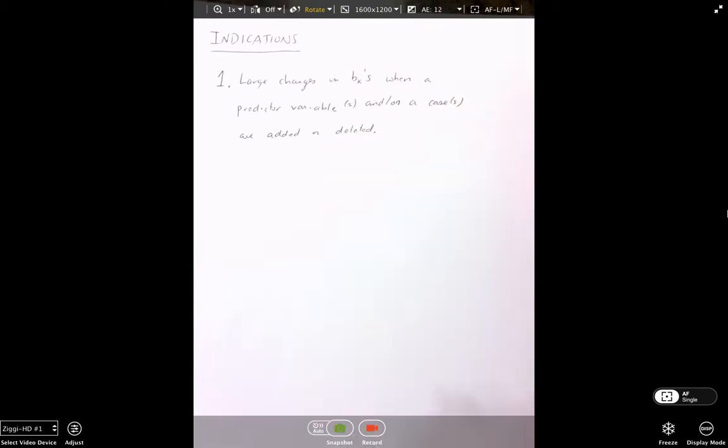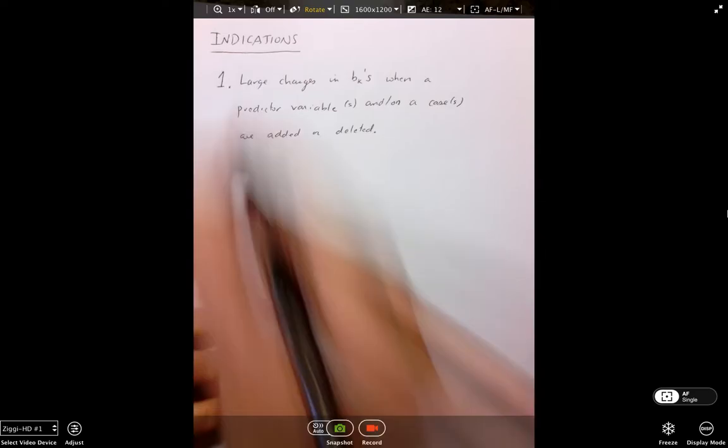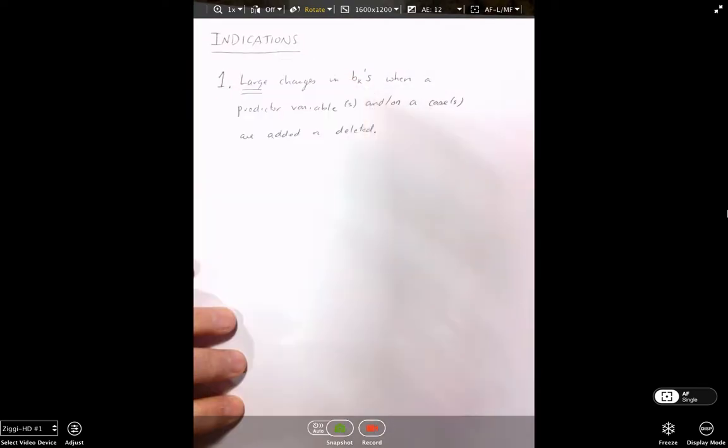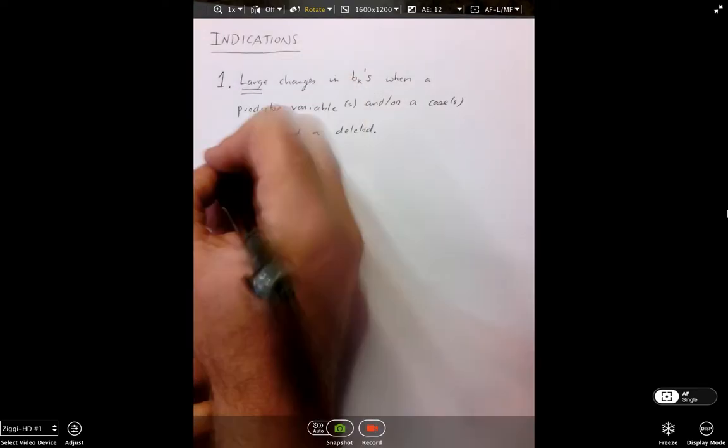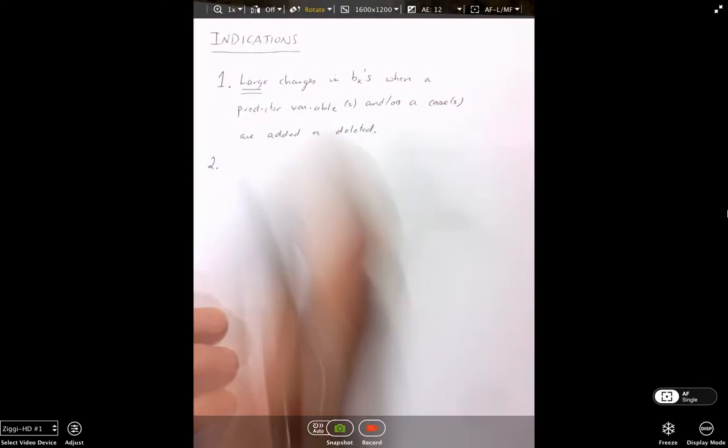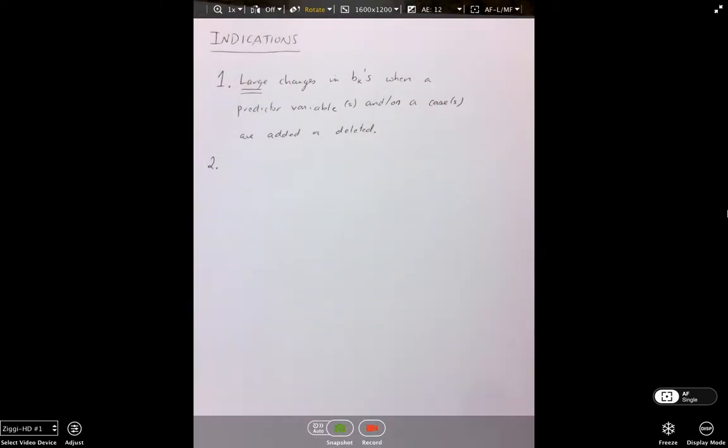We don't want any one variable having a lot of change on other predictors. We're talking about really significant changes, even sometimes a change in sign.